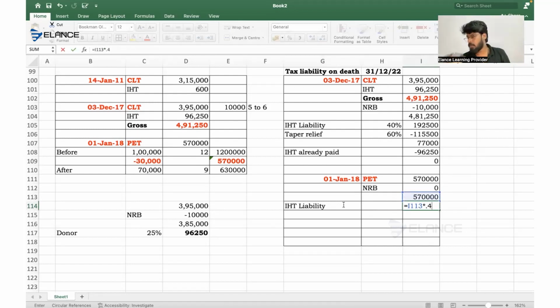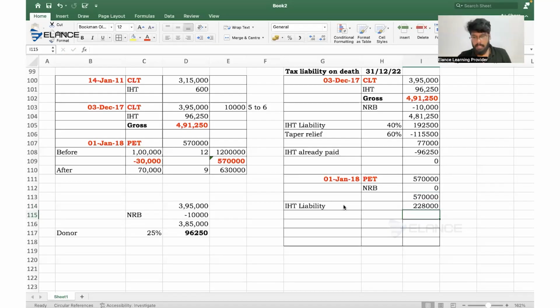Death rate is 40%, and it will be 228,000. And here we can check for the taper relief. Actually this transfer was made on 1st Jan 2018, and the guy died on 31st December 2020.